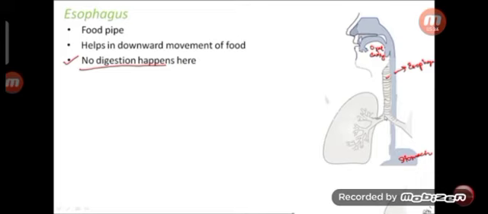The path between the mouth and the stomach is called the esophagus, right? No digestion happens here, at the esophagus or pharynx. But what special thing is present in the esophagus which helps push food from the mouth to the stomach?